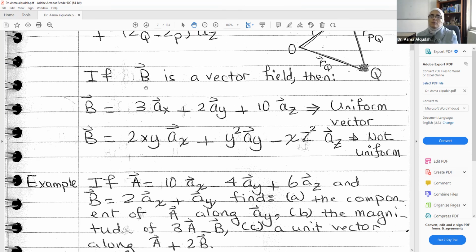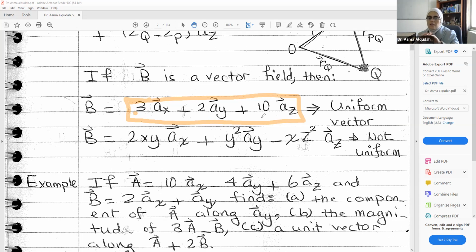If a vector B is a vector field, a vector defined over a region, and it is given by constants only, like in this example, 3 along the X direction plus 2 along the Y direction plus 10 along the Z direction, then that means this vector field is uniform.